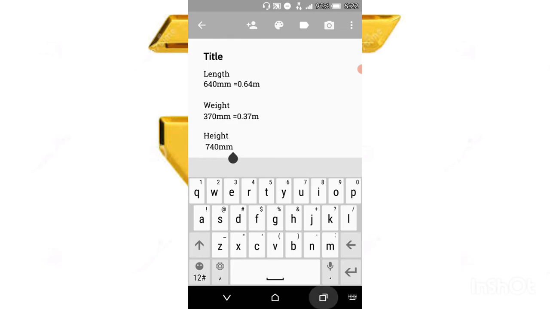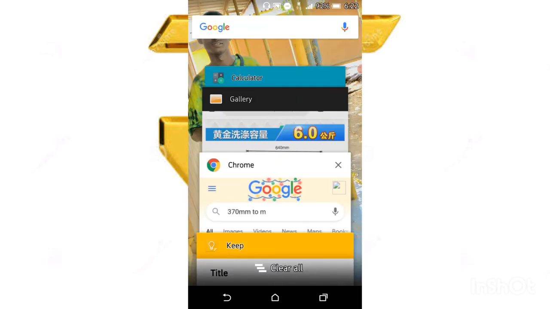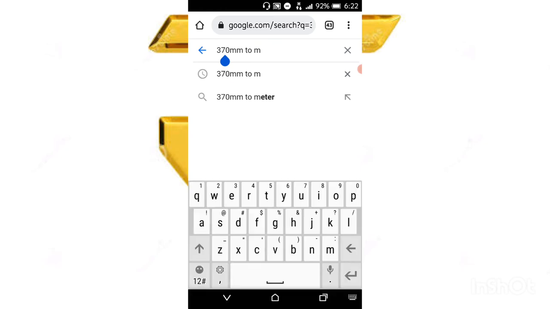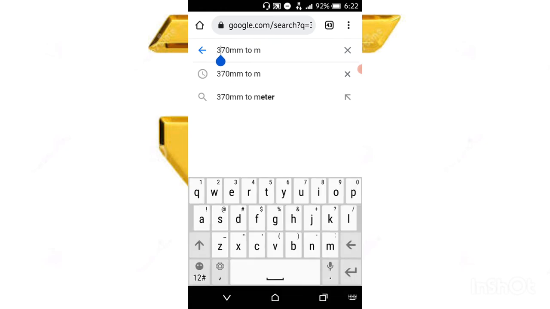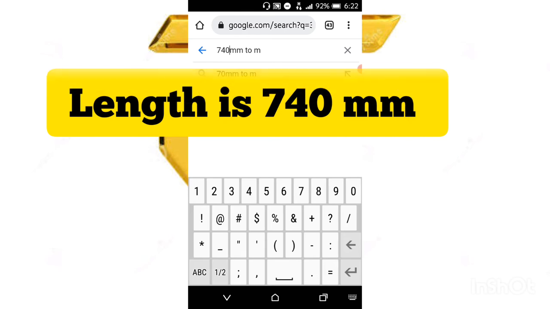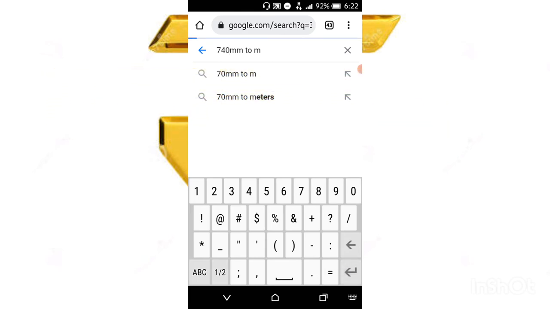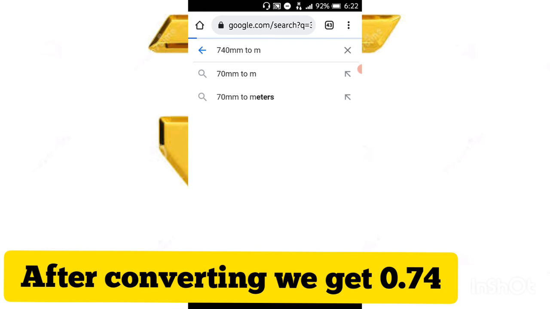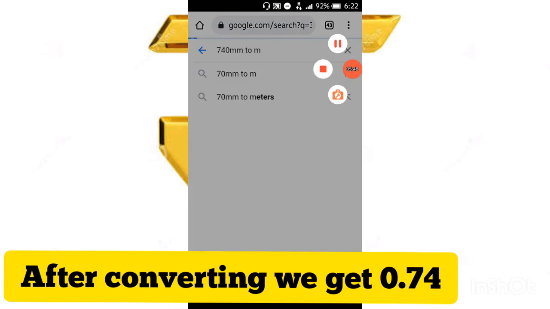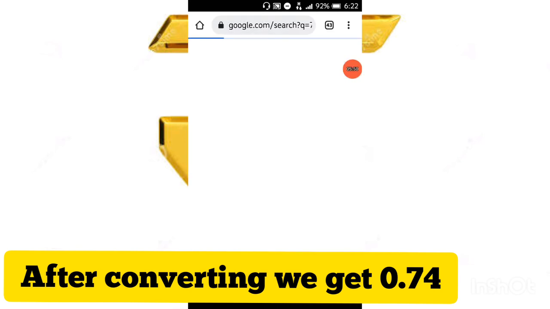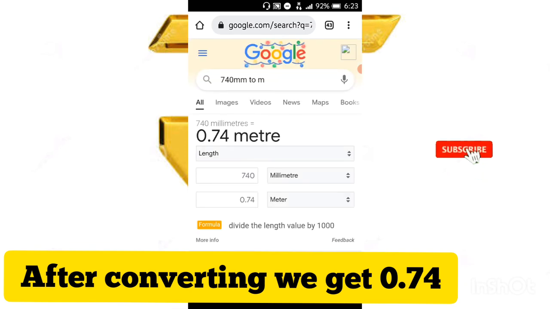So let me go and calculate the height, 740. So I don't need to stress myself. Let me calculate this one too. You see, my network is having issues, guys, so I have to wait for it to load.